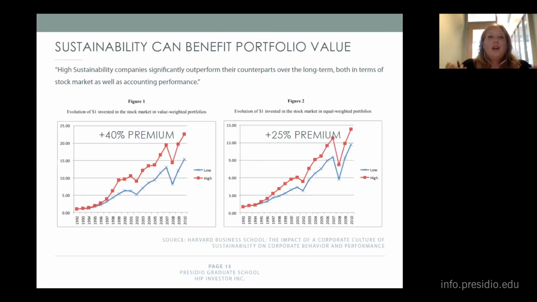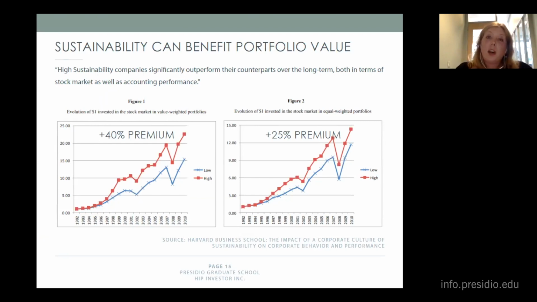So surprise, surprise, we are big proponents of incorporating these screens into your investment. And there's more and more data showing that you don't have to sacrifice financial performance for social and environmental impact, which unfortunately has been a myth that has plagued the industry for a long time.